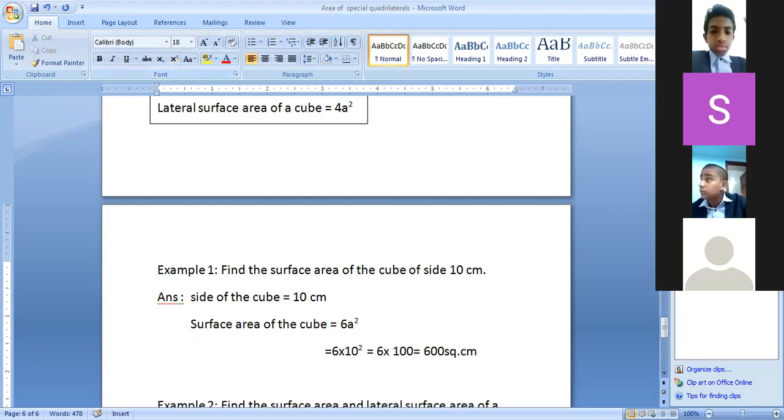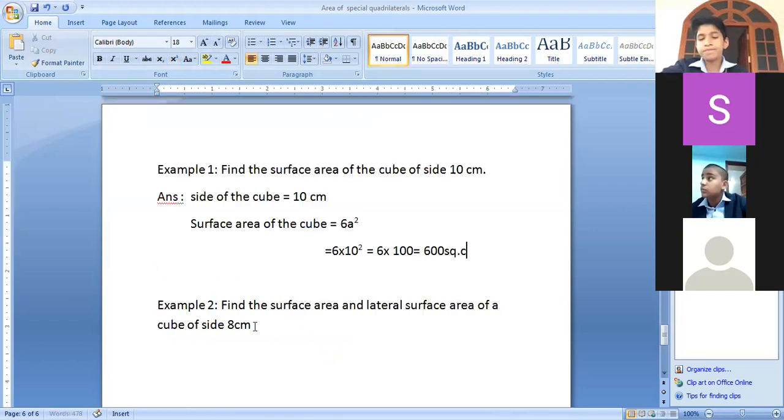It's the same way. What is given here in the question? Read the question and say what value is given. Find the surface area and lateral surface area of a cube of side 8 centimeter.